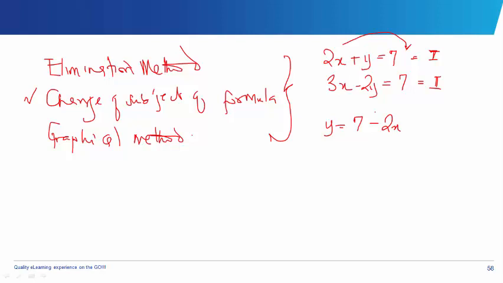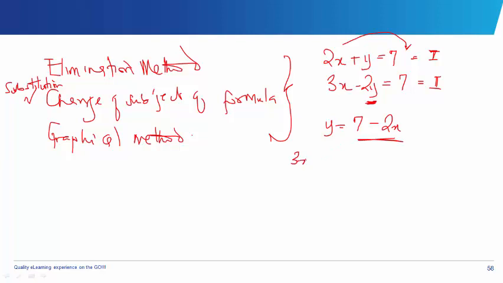Now, in equation 2, we can also call this change of subject of formula, we can also call it substitution method. Okay, so we've made y the subject of formula. Then in equation 2, we'll now substitute this y here with this.